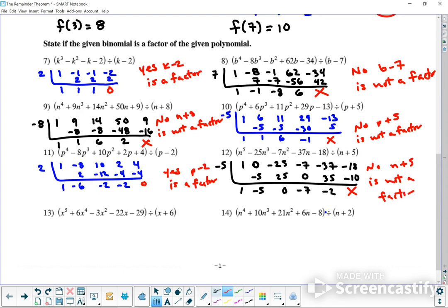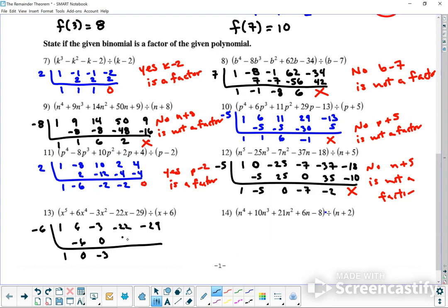Okay. 1, 6, negative 3, negative 22, negative 29. You do this with x plus 6, which means we're going to use negative 6. Bring the 1 down, you get negative 6. That means you get a 0. When you multiply it, you're going to get a 0. You get negative 3.